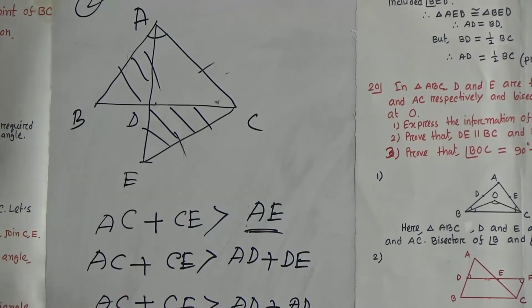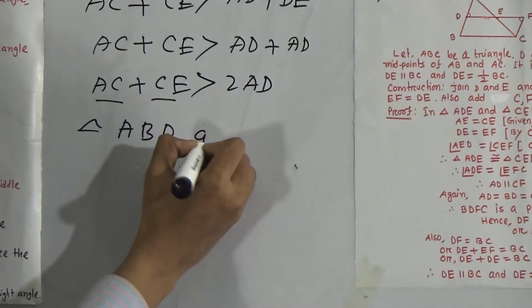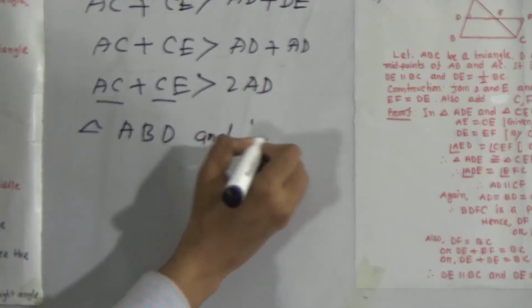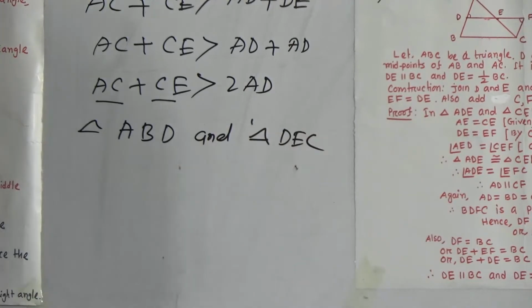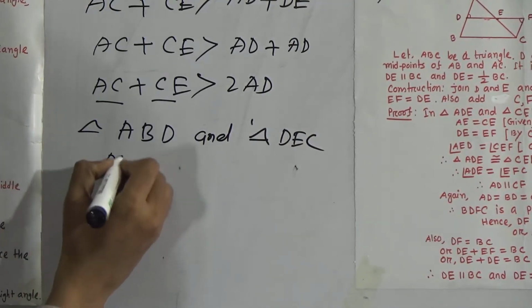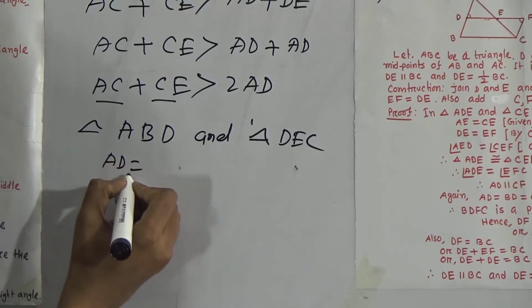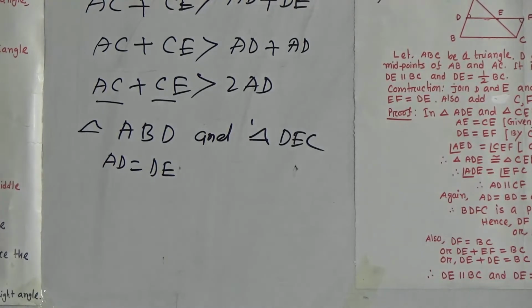Look, triangle ABD and triangle CED. First, AD equals DE. That means one side is equal.